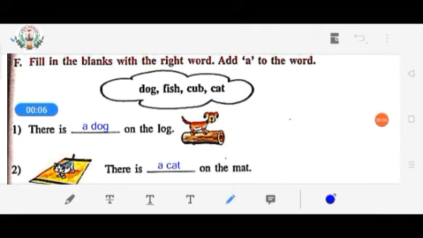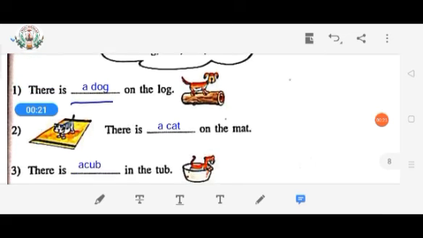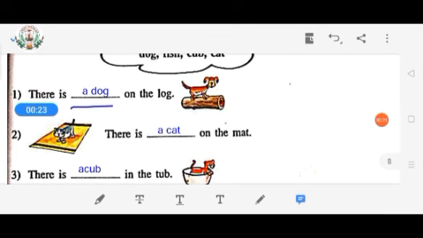F. Fill in the blanks with the right word. Add a to the word. Question number 1. Look at the picture carefully, children. There is a dog on the log. Question number 2.